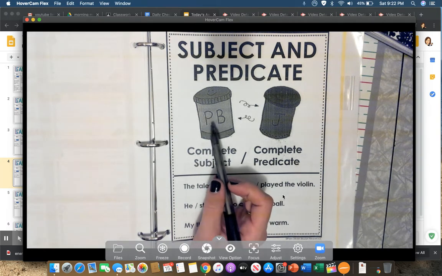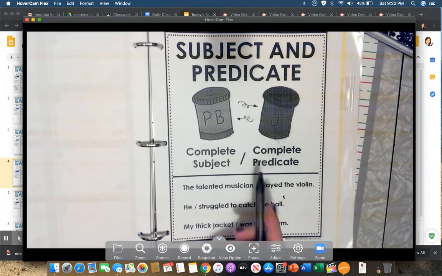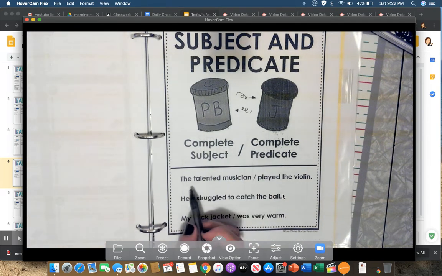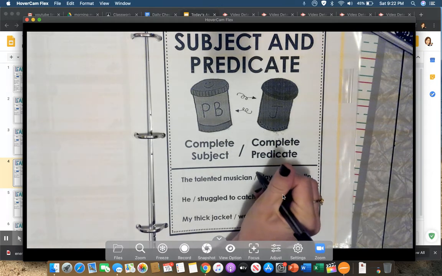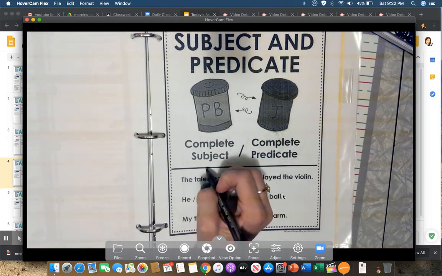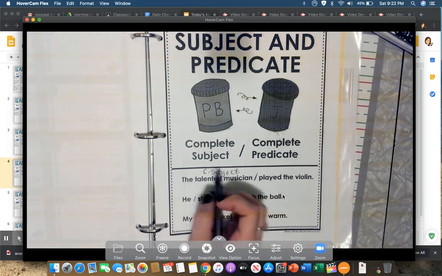So the beginning is usually a subject, the end is usually a predicate. Sometimes they're flipped, but just keep in mind we have to have both. Let's look at some examples. The talented musician, and then notice there's a slash here, okay? So you can write on this just like I am. The talented musician, this is the complete subject. This is what the sentence is about.